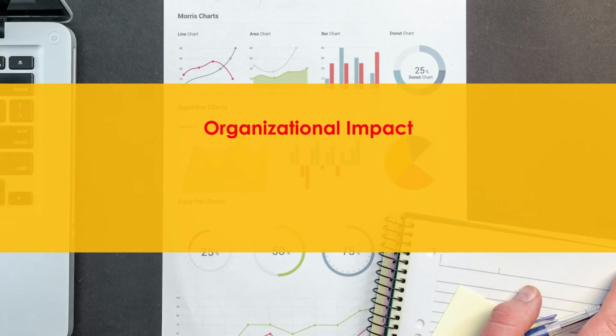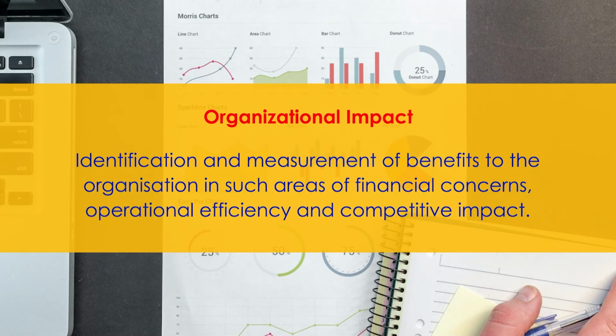And then organizational impact. Here you can see the identification and measurement of benefits to the organization in such areas as financial concerns, operational efficiency, and competitive impact. So this is the overall functioning of the system with respect to the organizational needs.